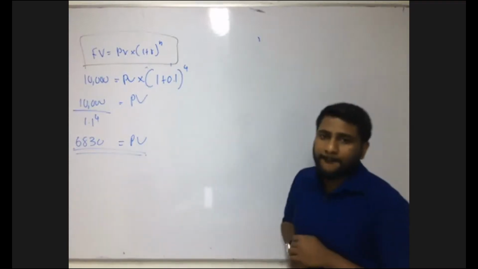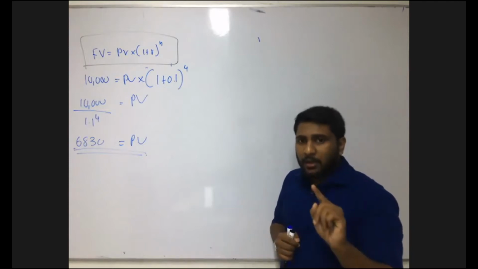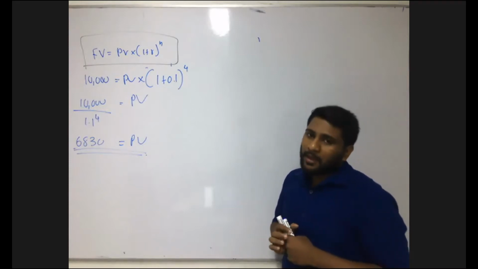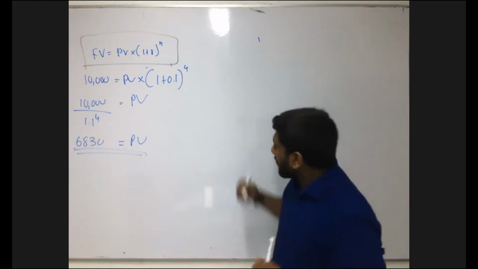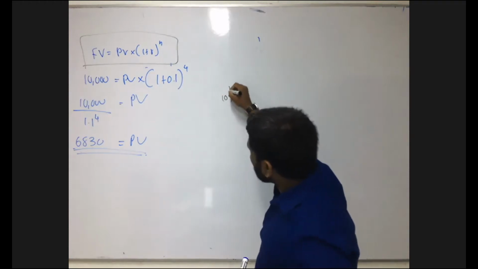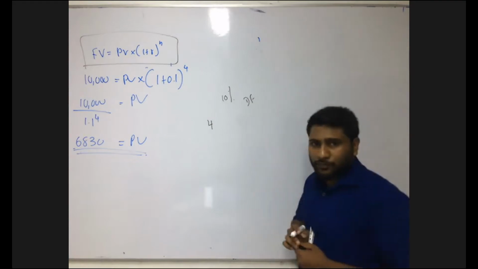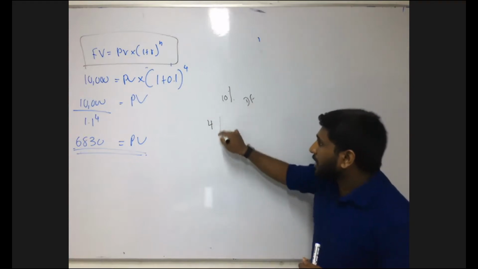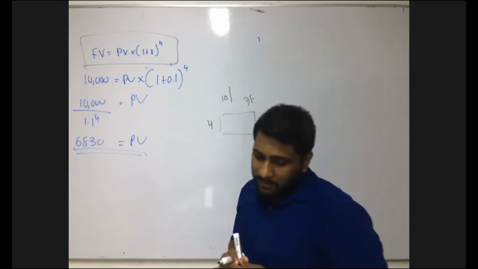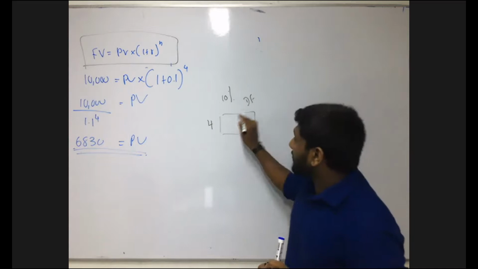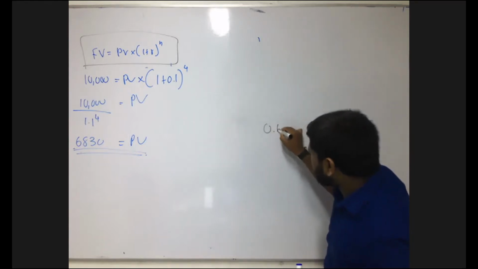Now, we learn how to use that table. Everyone go through the table and tell me, under 10%, 4 years, what's the discounting factor that I have given to you? It is 0.683.